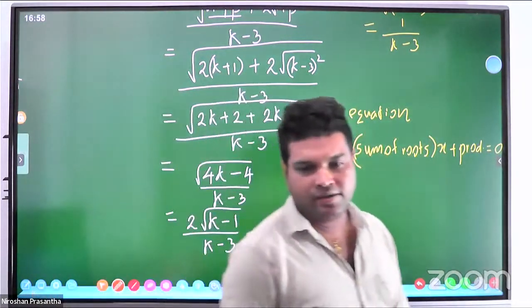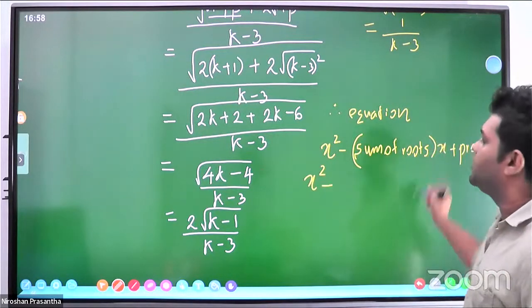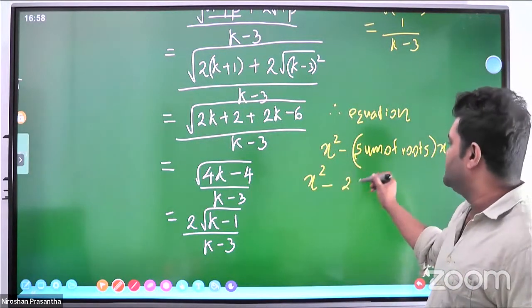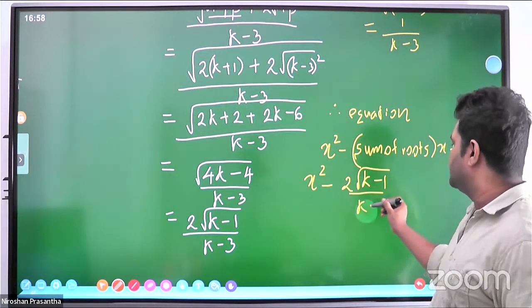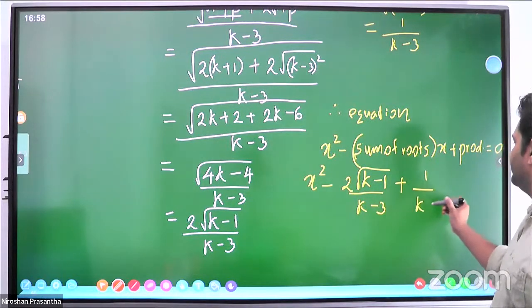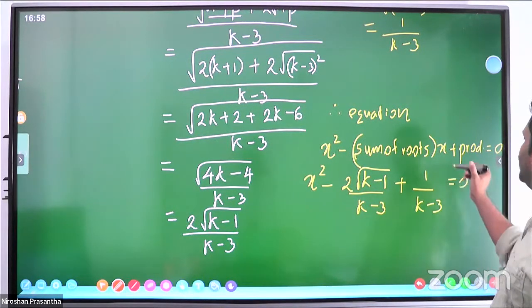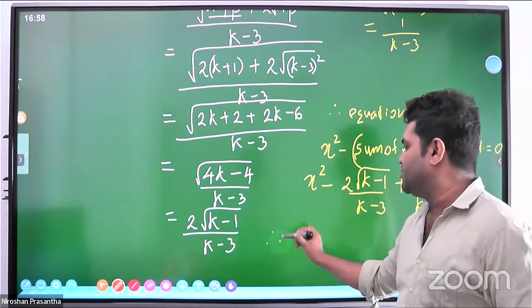Write it down: x square minus the sum of the two roots, 2 times k minus 1 over k minus 3, x, plus the product, 1 over k minus 3. To complete the answer, you have to multiply this by k minus 3. Therefore, what is your answer going to be?